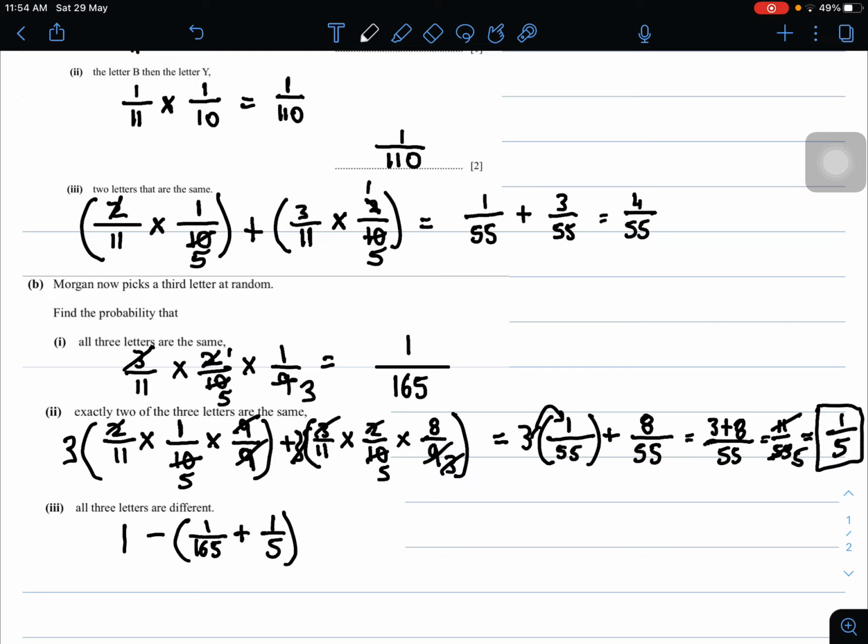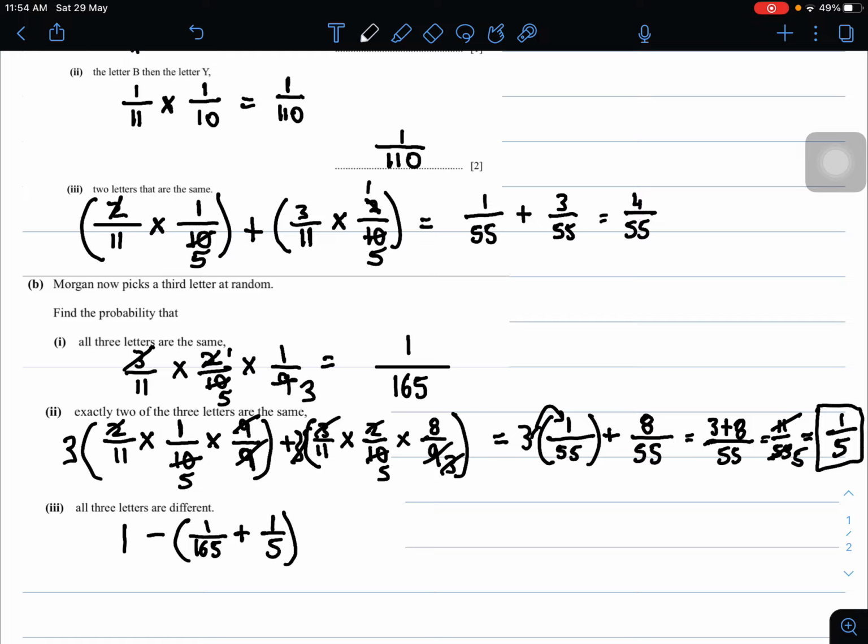Now I will tell you why I included the exactly two out of the three letters being the same in this calculation. If you do only 1 minus all three letters that are the same, there is still a possibility of two letters being the same, because you haven't taken into account that probability.